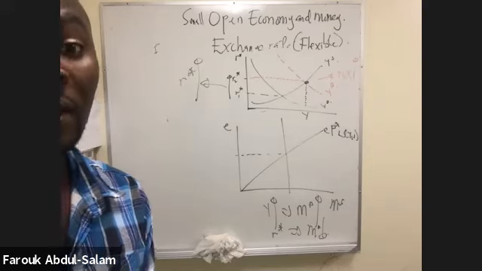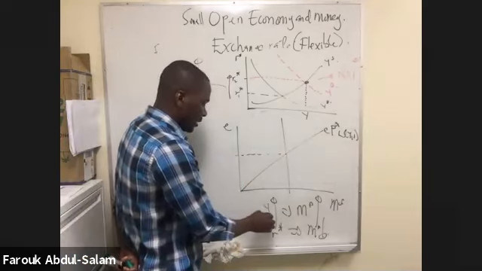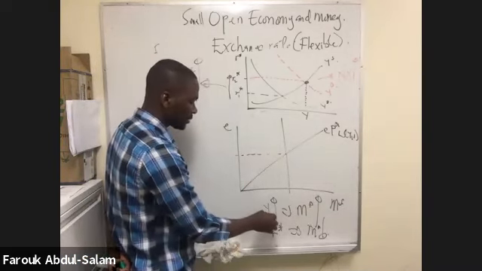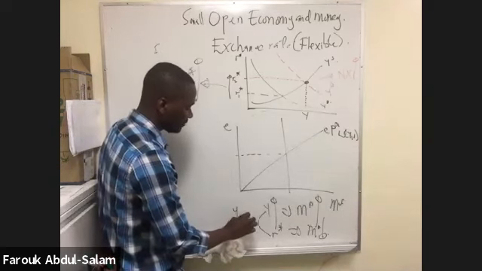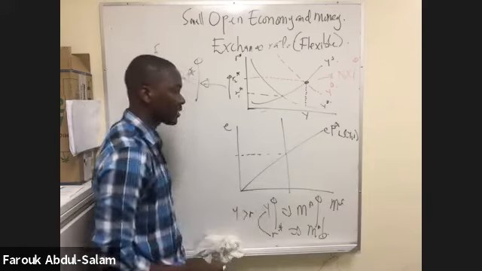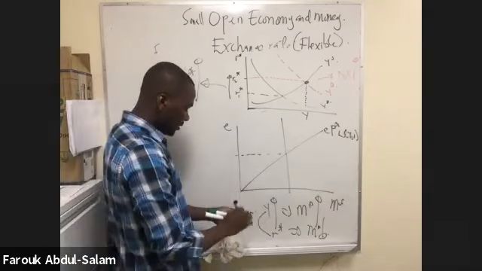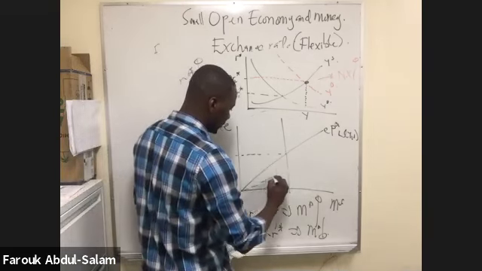Now let's take a stand. Let's assume that the effect that we have on money demand based on income increments is higher than this. So Y effect is greater than the interest rate effect. If that's the case, then we expect an increase in money demand. So money demand is going to go up.